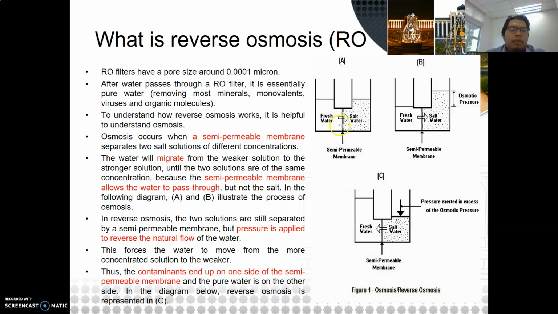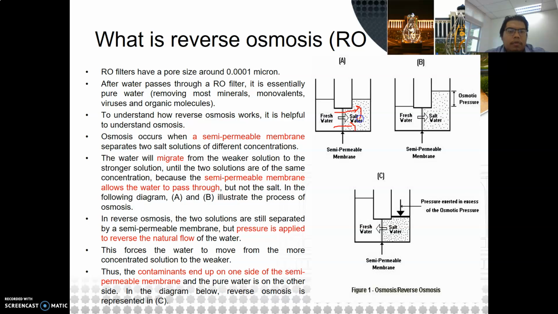For example, if we look at diagram A, we have fresh water and salt water, and we have a semi-permeable membrane here. Because the concentration of the solution is different, the fresh water here will move to here.